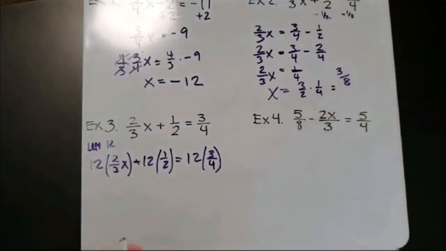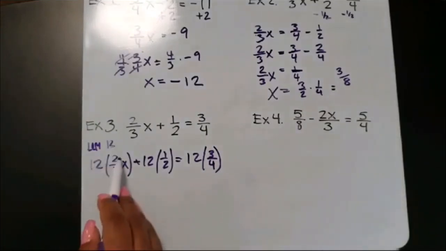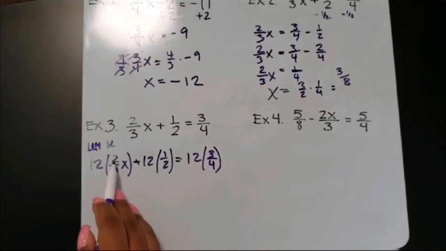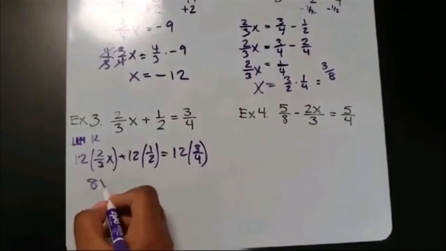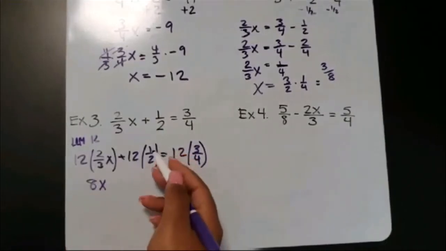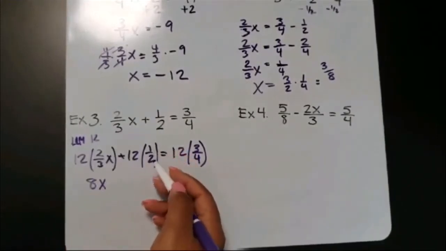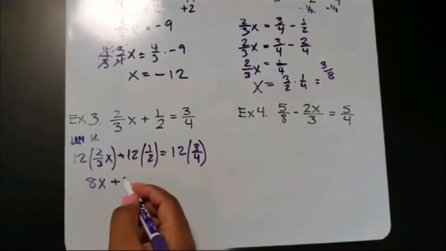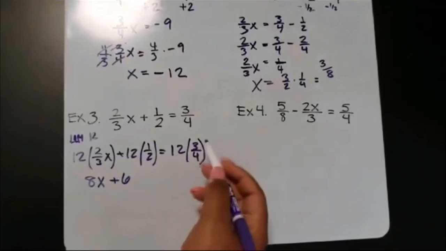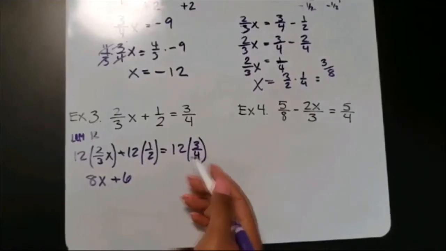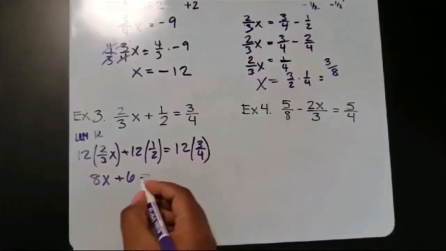All right. So 12 times 2 is 24 divided by 3 is going to give us 8x. 12 times 1 is 12 divided by 2 is going to give us plus 6. And 12 times 3 divided by 4 is 9.